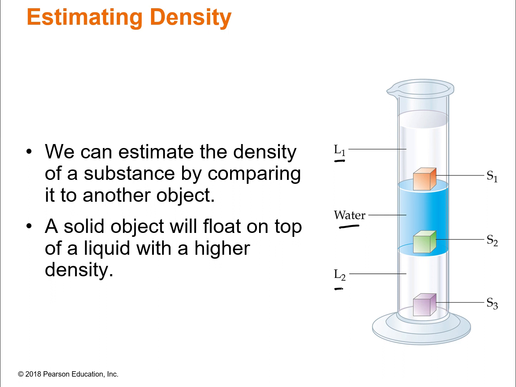Now back to the concept of density. When you have one liquid sitting on top of another, one is more dense than the other. The one that's on top is the least dense. The one on the bottom is the most dense.